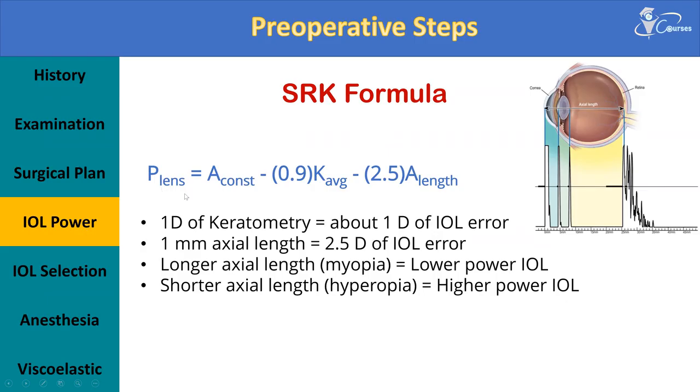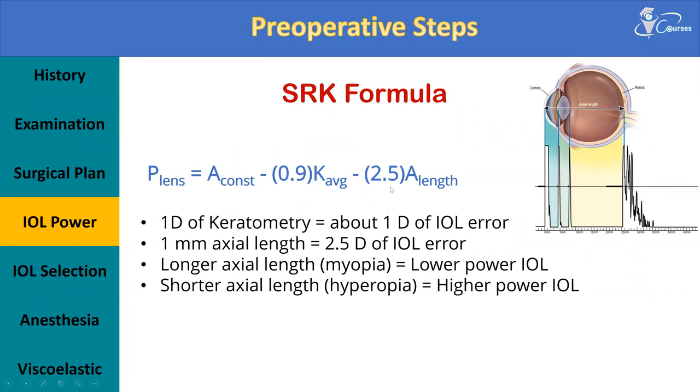Here you can see that the 0.9 is roughly one diopter. So if there is an increase or decrease in the K reading by one diopter, this will equal a difference of one diopter of IOL power. But the more significant factor is the axial length, because it is multiplied by 2.5.